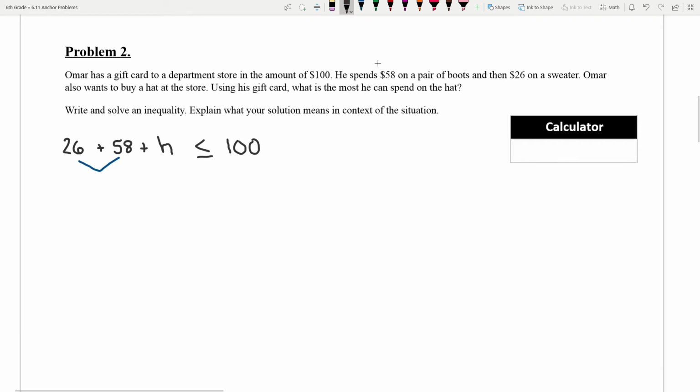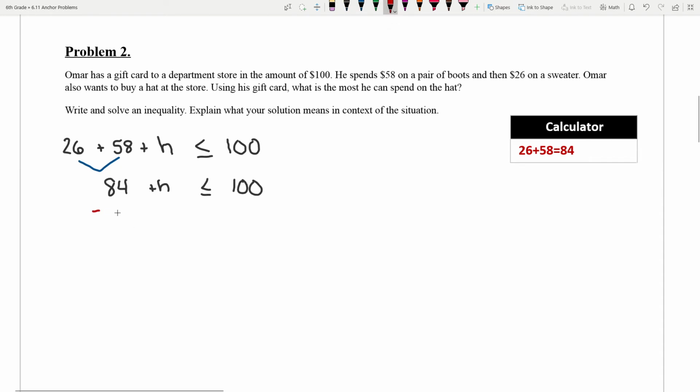We're going to take the 26 and add it to the 58. And that's 84. So 84 plus h needs to be less than or equal to the 100.